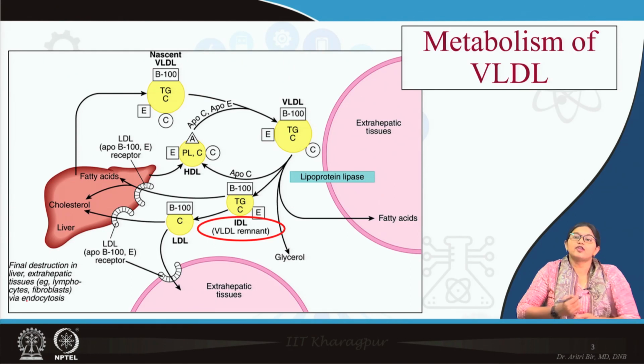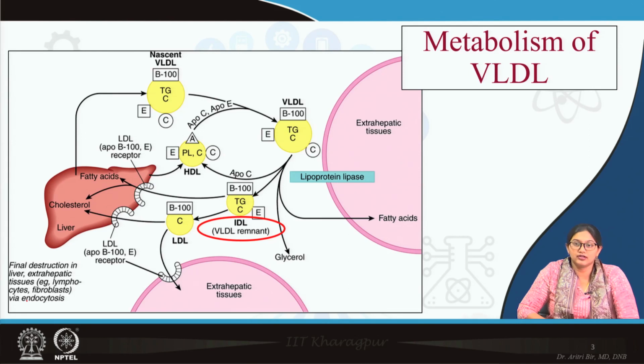If you remember from the previous class, you have to remember because that is the continuation. All the lipoprotein metabolism are very much interrelated. So, before going through this session you need a quick recap of the previous one, mind it.